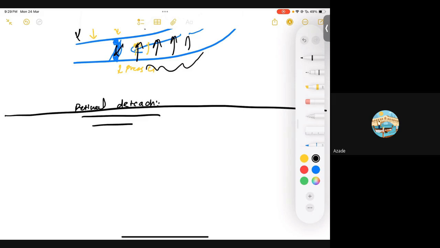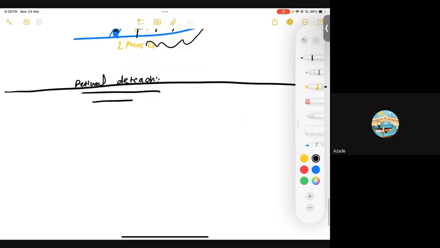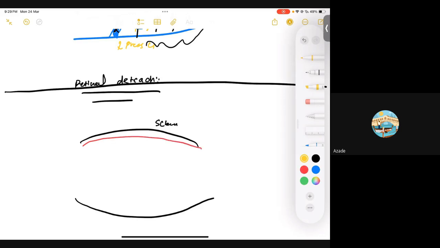What happens is that we are going to have loss of the blood supply. If you remember, for example, if this is our eye, we discussed it's our sclera, then we have our choroid, and then we have our retina, right? If I'm detaching the retina, what would happen? Normally the choroid feeds your retina, the choroidal vessels feed the retina.